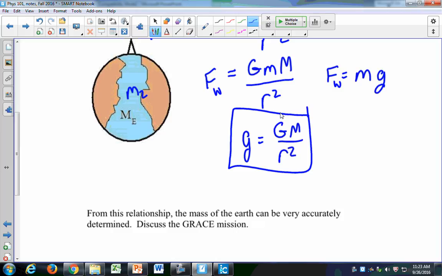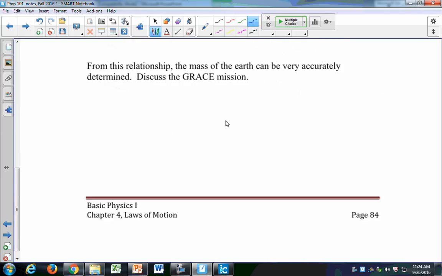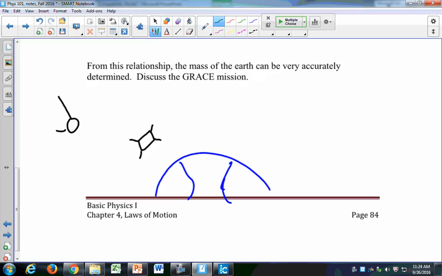There's actually a mission called the GRACE mission. It's put up by NASA. It's been going for a number of years. It's a satellite that travels around the Earth, and inside this satellite you have a pendulum that goes back and forth, and that pendulum measures the acceleration due to gravity, just like you did in the lab.